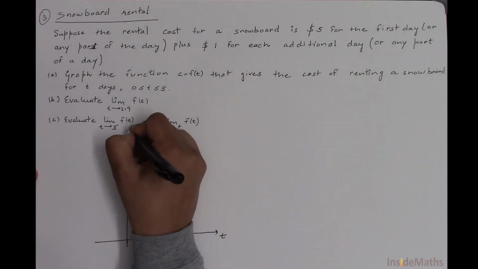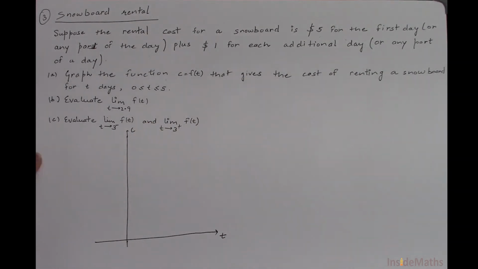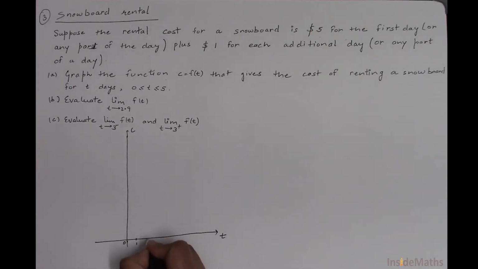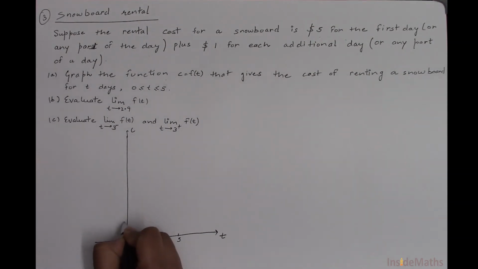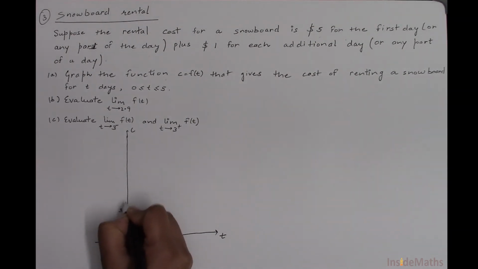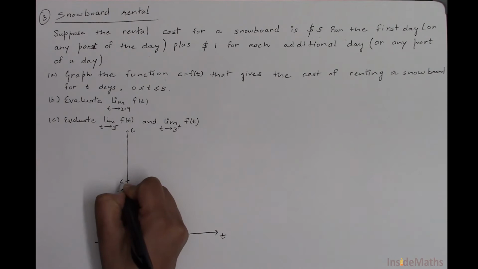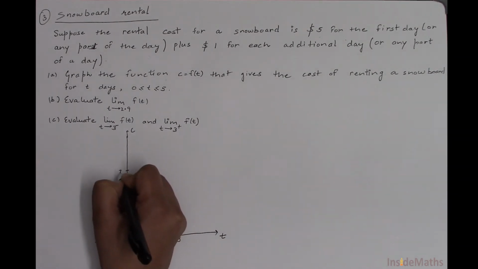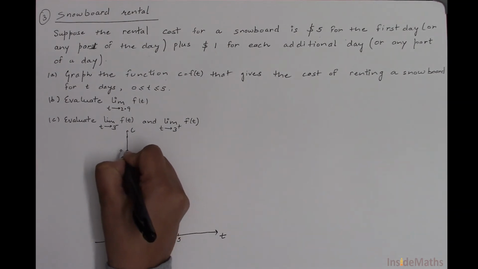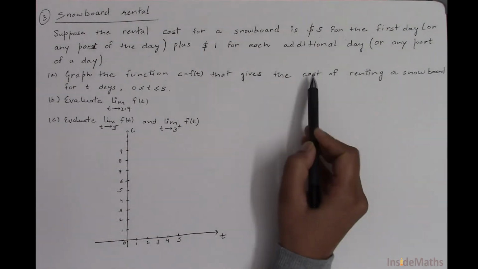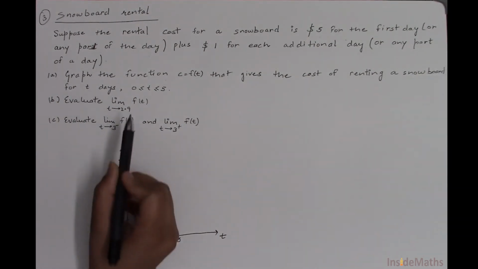T, C. Now t is from 0 to 5. 1, 2, 5. C is the cost of renting a snowboard for t days.